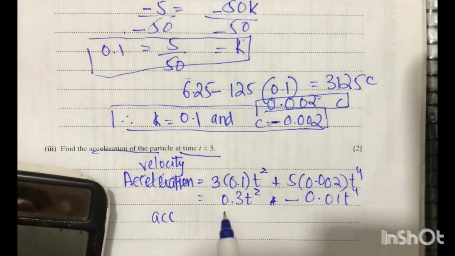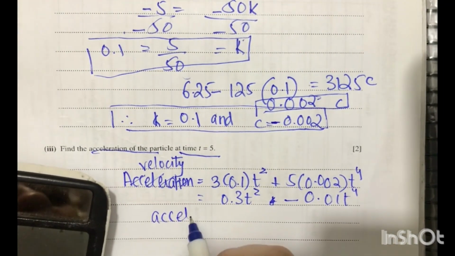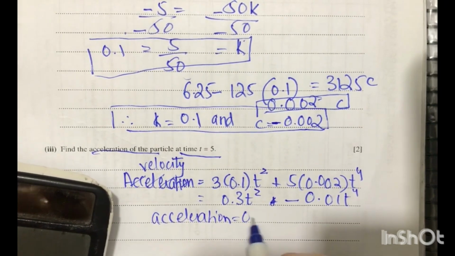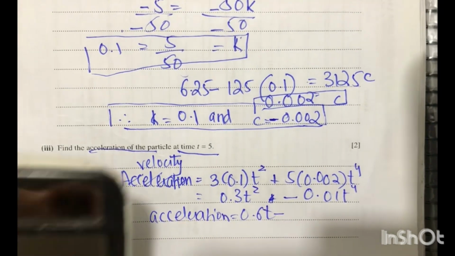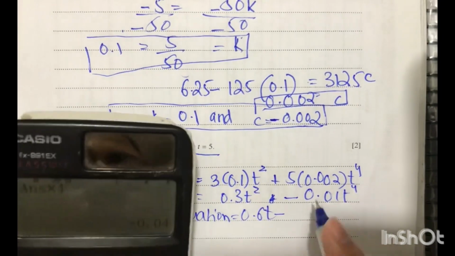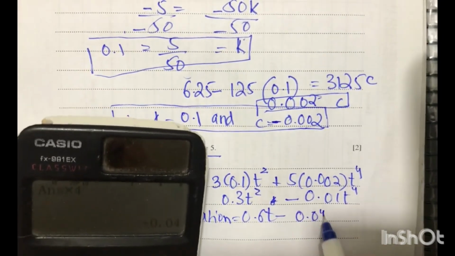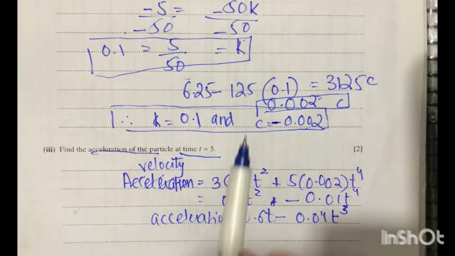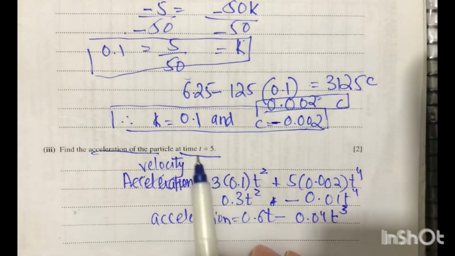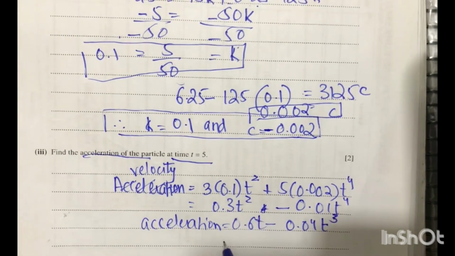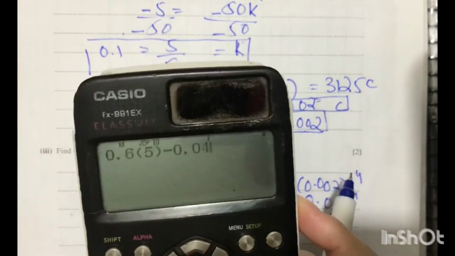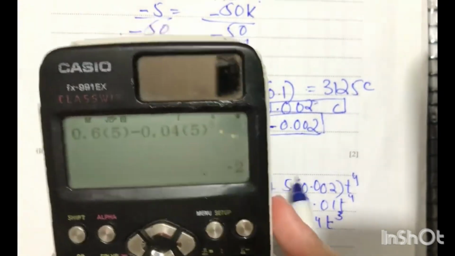So when we differentiate this, acceleration will become 0.6 t minus 0.04 t cube, and we will substitute 5 in place of t, and we will get 0.6 times 5 minus 0.04 times 5 cube, which is minus 2.